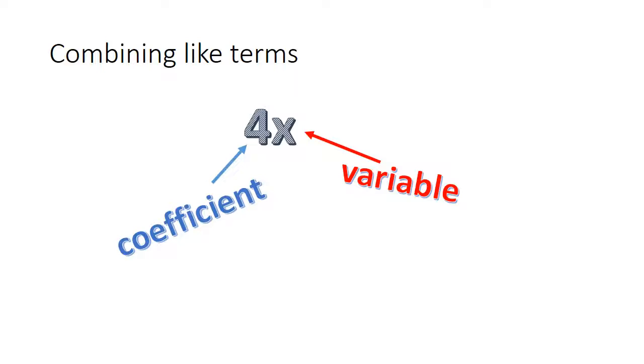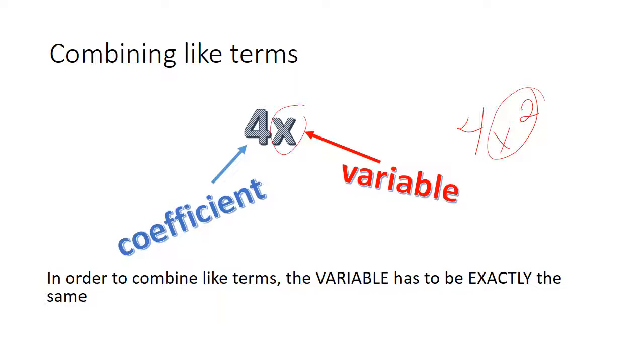Here is an example of a term. Remember, your variable is going to be your letter, and your coefficient is going to be the number that's associated with it. Your variable has to have the same power in order for it to be considered a like term. So 4x and 4x squared are not like terms because this part is not exactly the same.